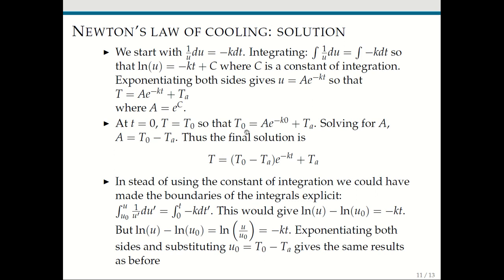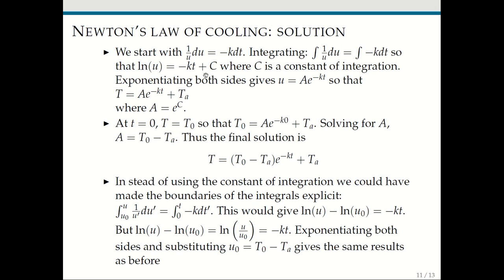So what this really says is that T0 equals a plus Ta, which I can immediately solve for a, which is equal to T0 minus Ta. Finally, if I take this expression for a and put it in here, I get the correct solution to this differential equation. And you can check this, as usual, by differentiating with respect to time and making sure that the left-hand side is equal to the right-hand side.